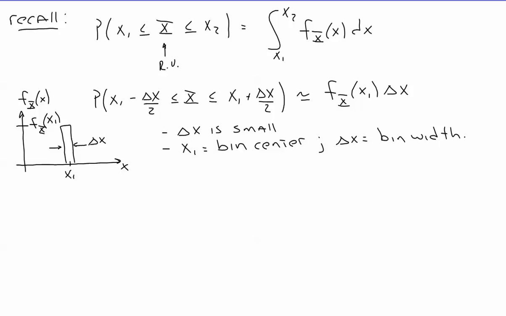All right? So now we can rearrange this just a bit. We can say that my probability density function at x1 is approximately equal to 1 over delta x times the probability of lying in a small region around x1.